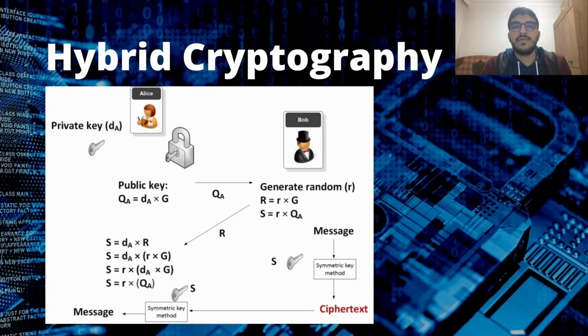Now, I will move on to hybrid cryptography and the Advanced Encryption Standard. Hybrid cryptography is a concept that merges two cryptosystems into one scheme. One of the cryptosystems is a public key cryptosystem and the other one is a secret key cryptosystem.